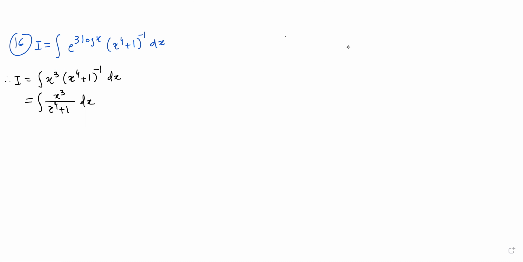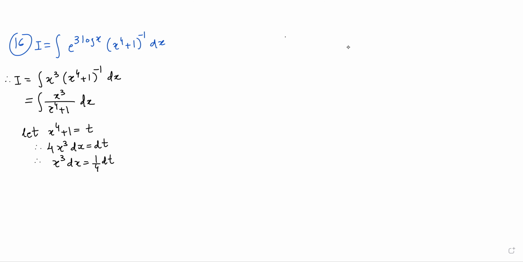So, let's proceed. Let x raised to 4 plus 1 be equal to t. Therefore, 4x cube dx is equal to dt. Therefore, x cube dx is equal to 1 by 4 dt.